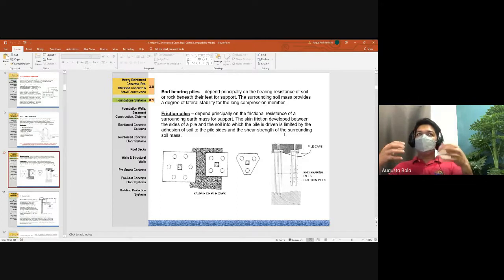The analogy is like the roots of a tree searching for the most solid ground, and then it becomes stable.